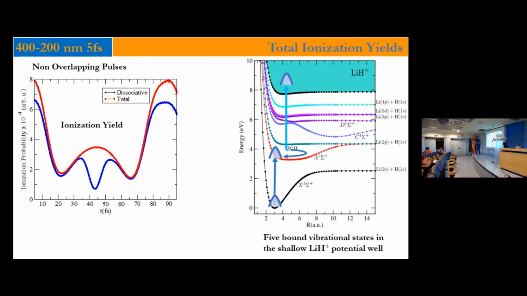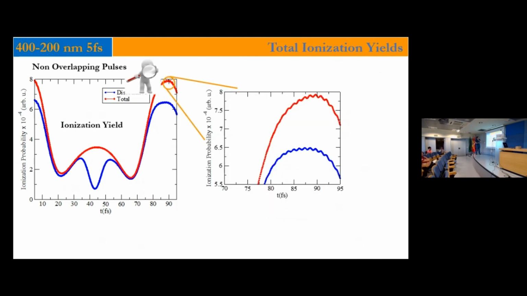Another thing to notice is that it's symmetric with respect to the outer turning point, which is expected. When the wave packet moves all the way out and then comes back, it's expected to have the same dynamics coming back, if nothing happens here, meaning we don't have any non-adiabatic couplings or anything weird.